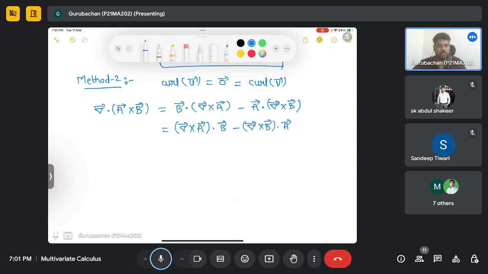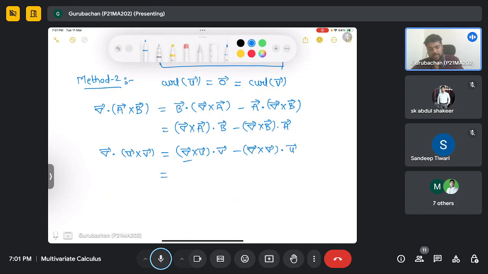So we need to use this one. So from here, del dot u cross v, we will get del cross u dot product with this v vector minus del cross v dot product with u vector.